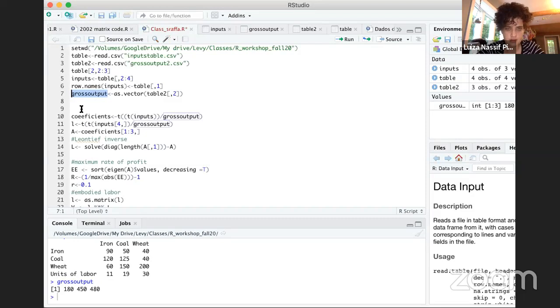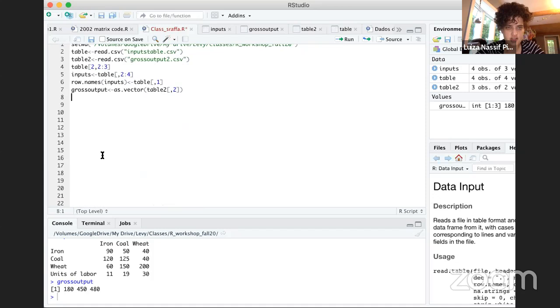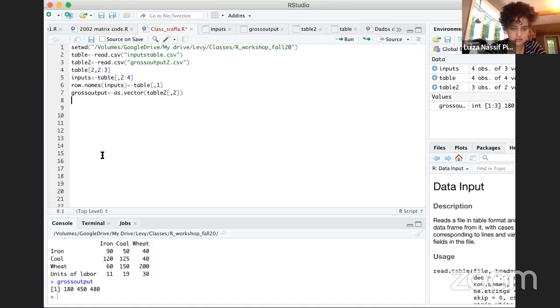Okay, so the first question is the A table, which is our coefficients table. So what is the A table?